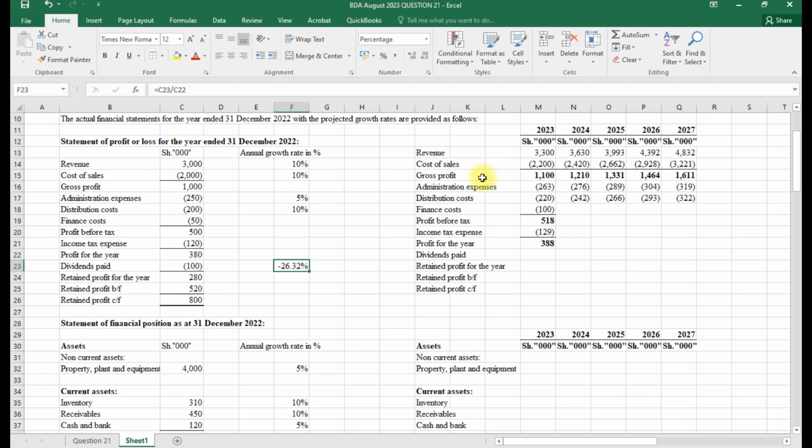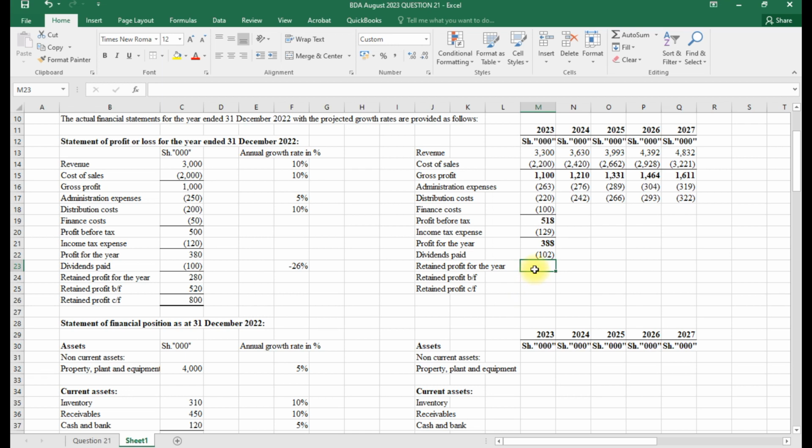Yeah, on average 26.32, but if you are truncating it to 2 decimals, approximately 26% is our dividend payout ratio. So here I will take this value and I multiply by this one. Yeah, it will give 102 as our dividend.